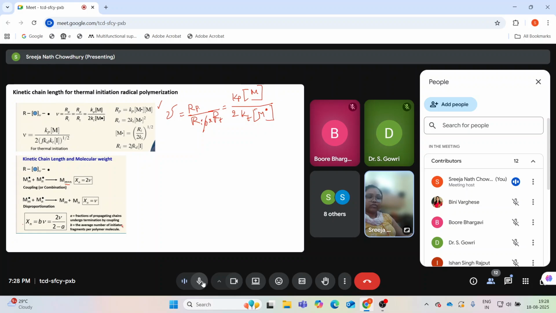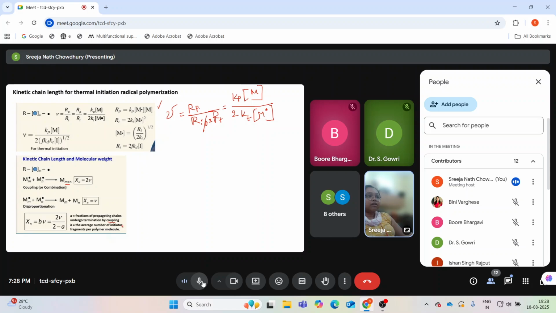So what are A and B here? A is the fraction of propagating chains that undergo termination exclusively by coupling, not disproportionation. And B will be the average number of initiator fragments per polymer molecule.